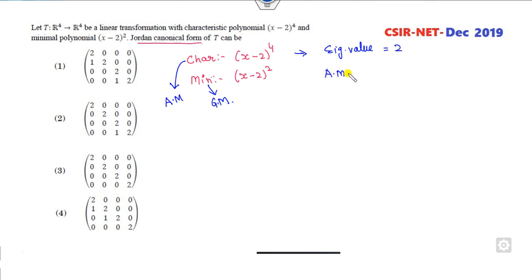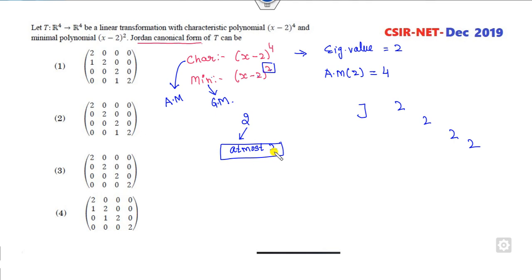So the algebraic multiplicity of the eigenvalue 2 is 4. It means whenever you write the Jordan block, 2 appears 4 times. So look at the diagonal, all are correct. Now look at the power in the minimal polynomial. It's a 2 power, so 2 occurs at most 2 times.